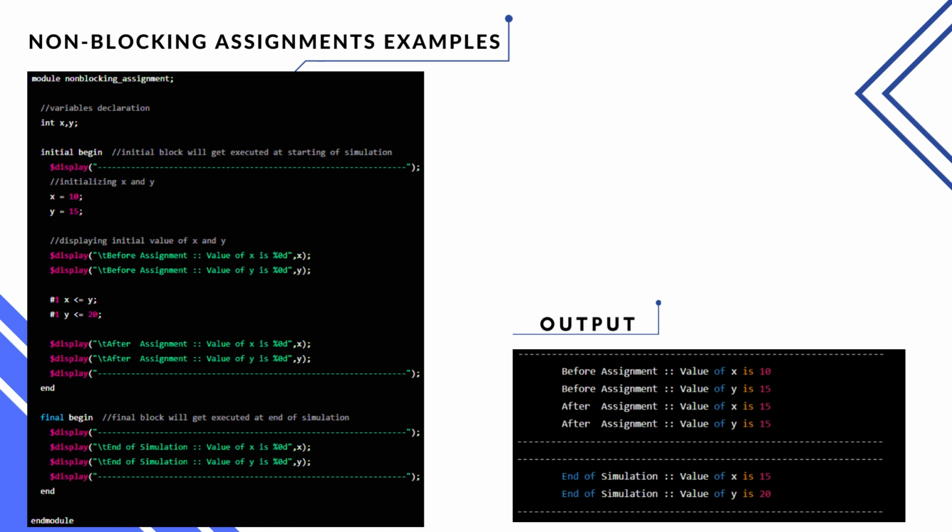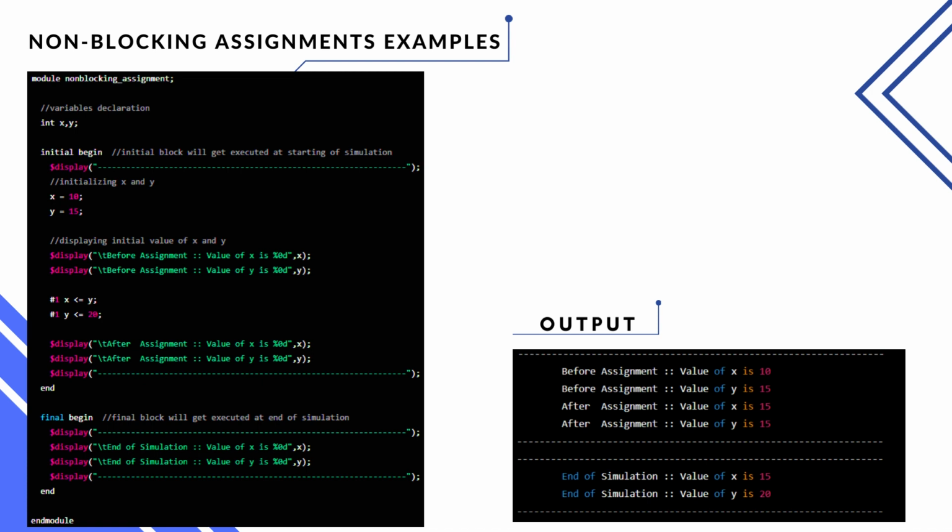However, the value of y remains the same at 15, as the second assignment to y happens only one time unit after the first assignment. In the end of simulation, we can see that the value of x is still 15, which was set by the first non-blocking assignment. However, the value of y has been updated to 20 by the second non-blocking assignment.